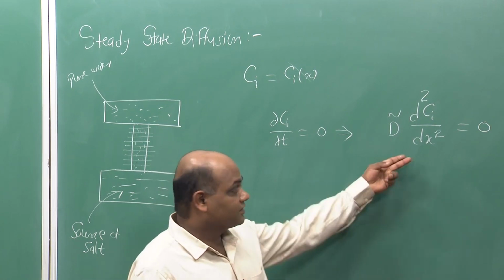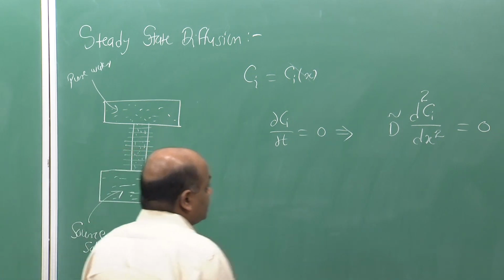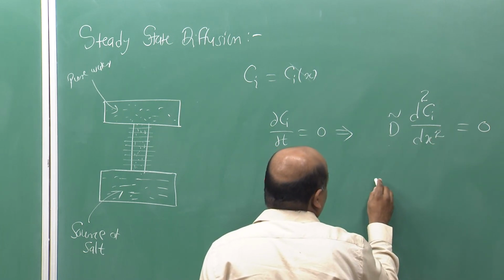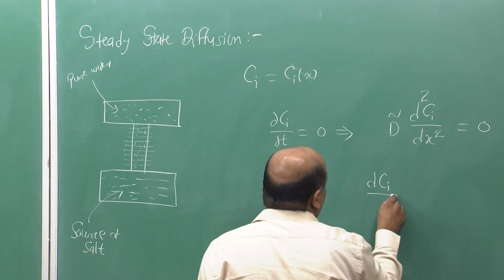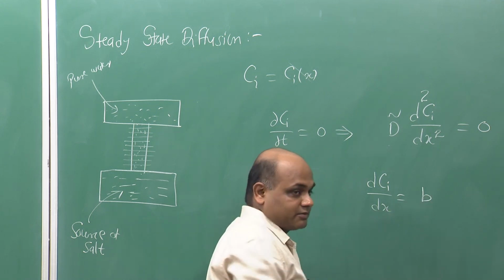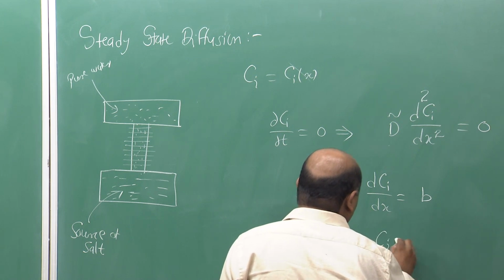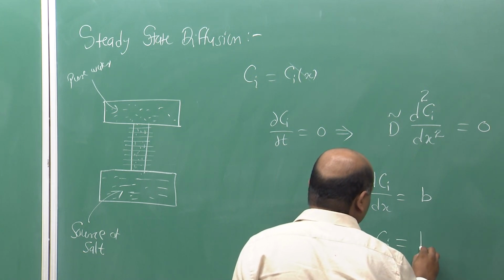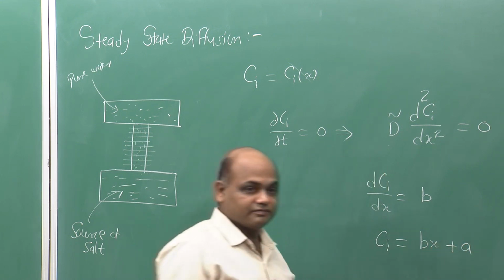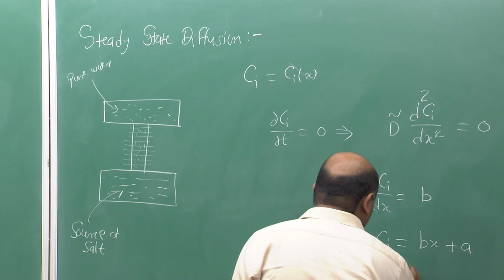Now, you can easily solve this equation, right. So, this is 0, so dCi/dx is a constant, let us call this b. If we solve this further, we get Ci equal to bx plus some constant a, and we know this is the equation of a straight line.